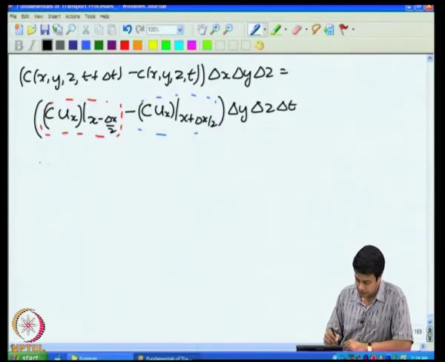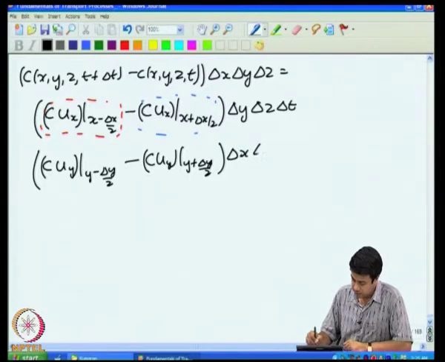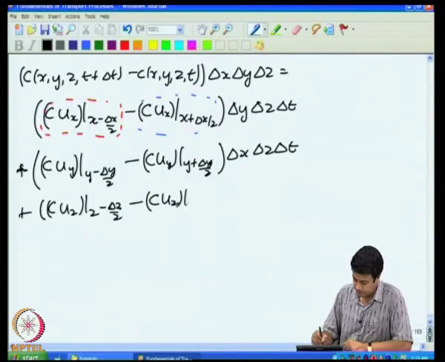Then in the y direction, you get C u y at y minus delta y by 2 minus C u y into delta x, delta z, delta t plus C u z at z minus delta z by 2 minus C u z delta x, delta y, delta t.